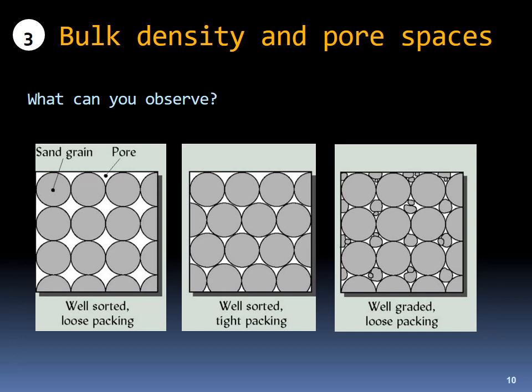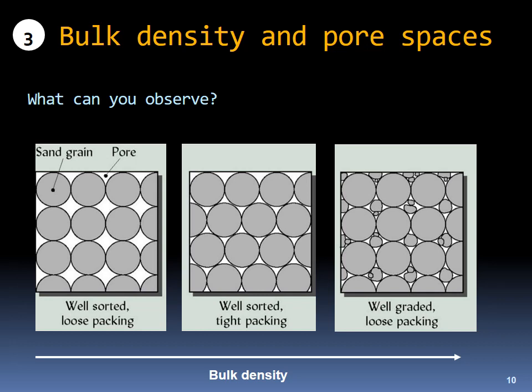Let's assume the big particles are sand particles, which are coarse and heavy, and in the spaces you have, let's say, fine sand. Now, what will happen to the bulk density? Basically, it's going to increase. So we can see that pore space and bulk density are inversely related.